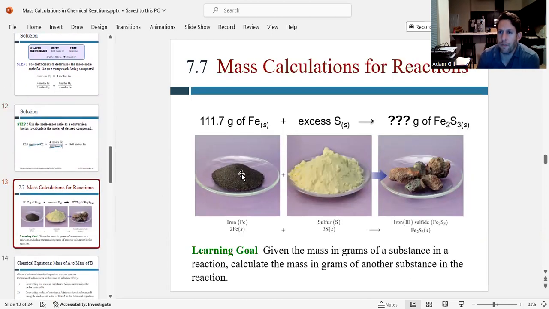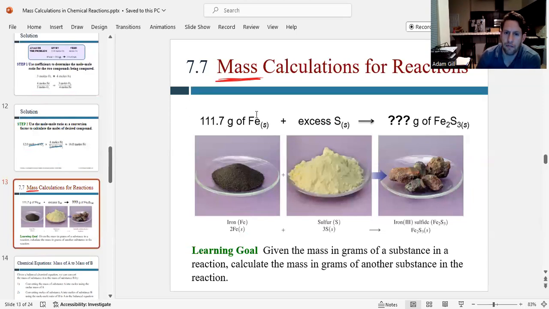So now that we've compared the mole to mole ratio, let's start looking at mass. So the concept here is compounds have different weights, but the chemical equation, the balanced equations, are based on moles, not mass.